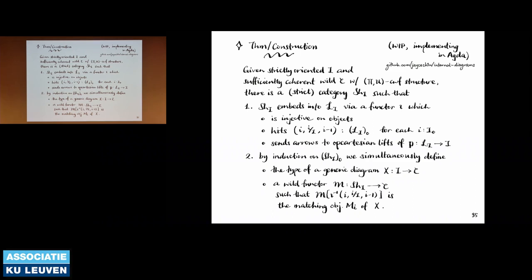The arrows in SHI morally correspond to these up Cartesian lifts, and they are crucial to constructing the matching objects. So there's something interesting going on there that I haven't quite figured out yet. Okay, thanks.